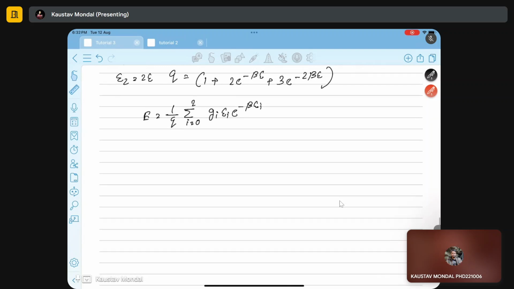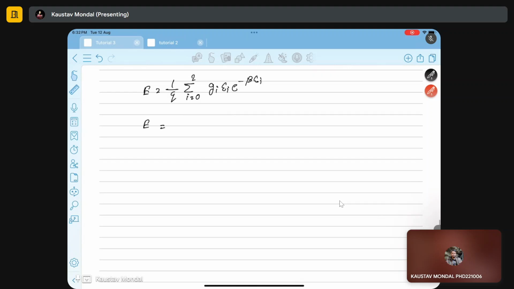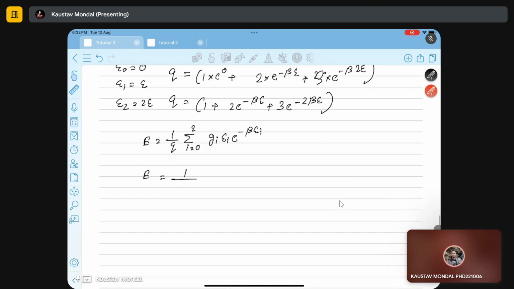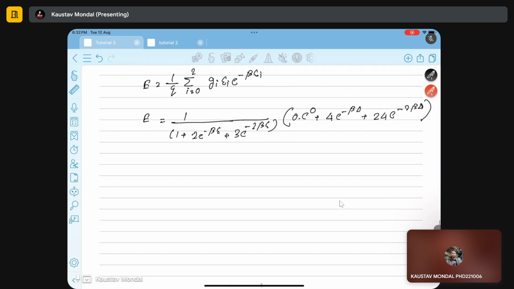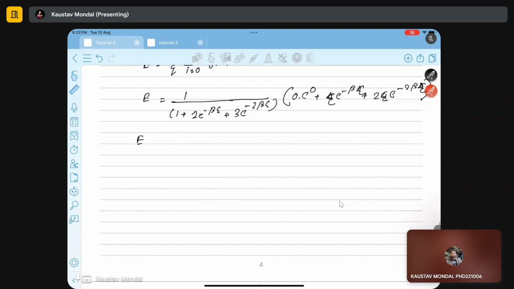So E would be 1 by Q, which we already know is 1 plus 2 e to the power minus beta epsilon plus 3 e to the power minus 2 beta epsilon, and then 0 into e to the power 0 plus epsilon into e to the power minus beta epsilon plus 2 epsilon e to the power minus 2 beta epsilon. Sorry, this is epsilon, right? Yeah, now it's fine.